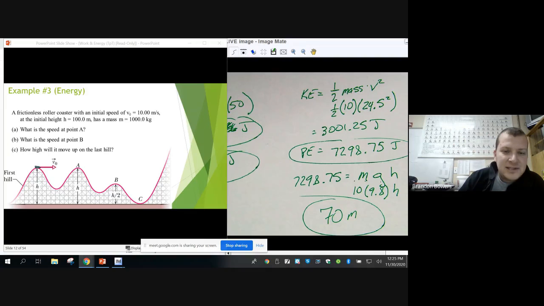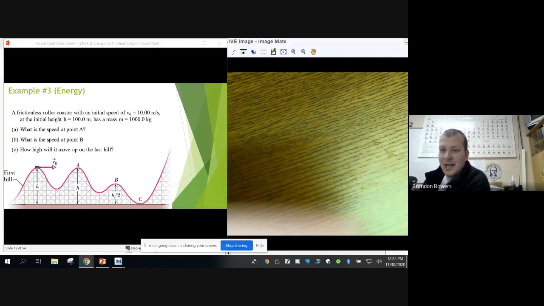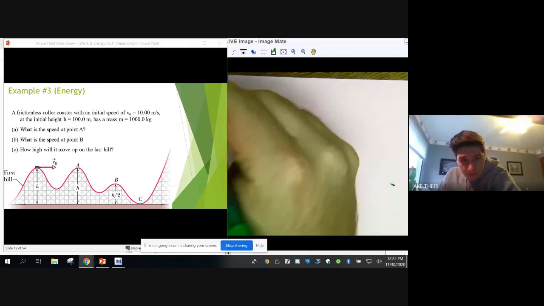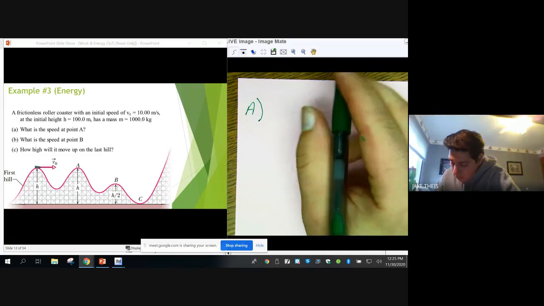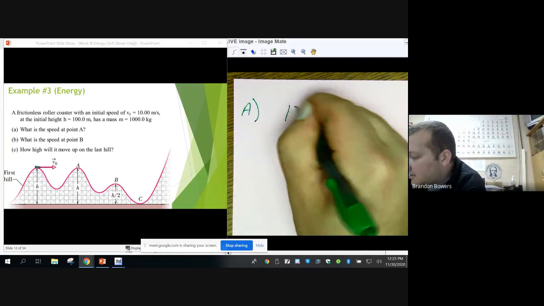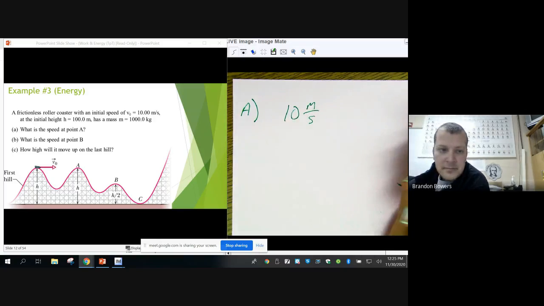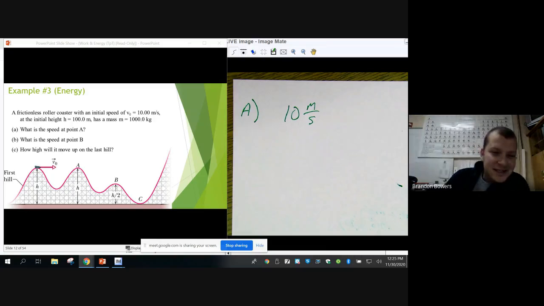So it's going to be the same speed, right? Since it's frictionless, it's going to have the same speed. So the initial speed was 10 meters per second. So at point A, the speed is just going to be 10 meters per second. Does that make sense since it's the same height?